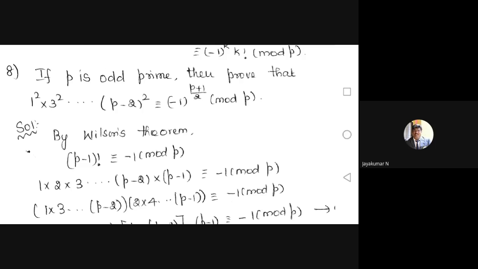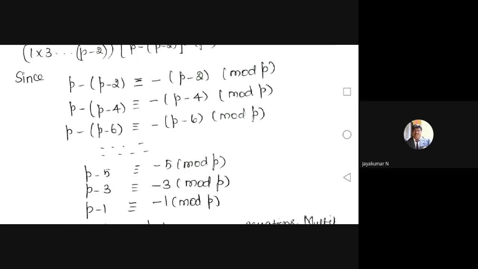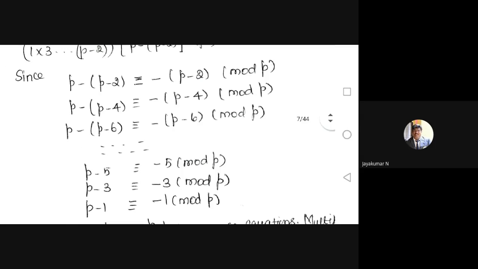Here p minus of p minus 2, p minus of p minus 4 up to p minus 1 is the even number collection. So the number of even numbers is p minus 1 whole divided by 2. Therefore, the number of congruences is p minus 1 by 2.